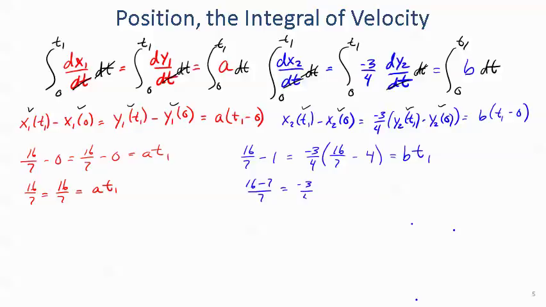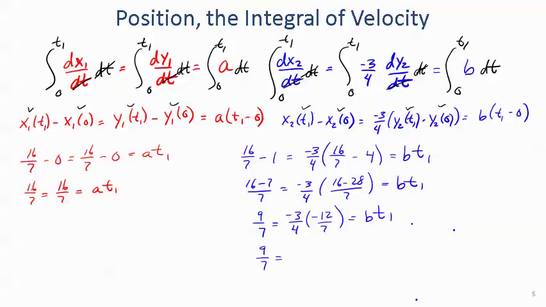This is minus 3/4. And this is going to be (16 minus 28)/7 equals b times t1. So this is going to be 9/7. And this is going to be minus 3/4 times negative 12/7 equals b t1. And then we just keep going. So this is going to cancel. You're going to get 3. So you're going to get 9/7 is going to be b times t1.